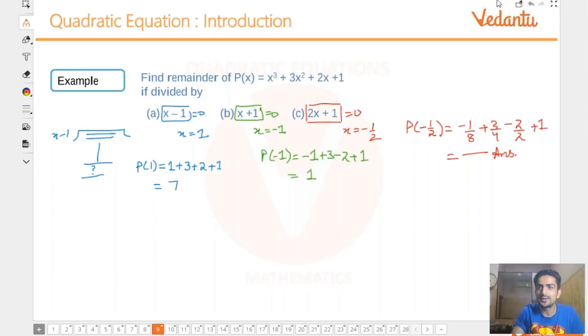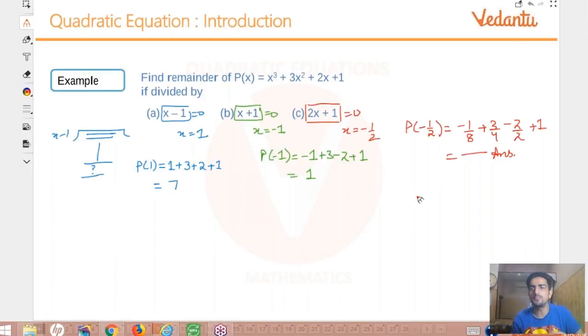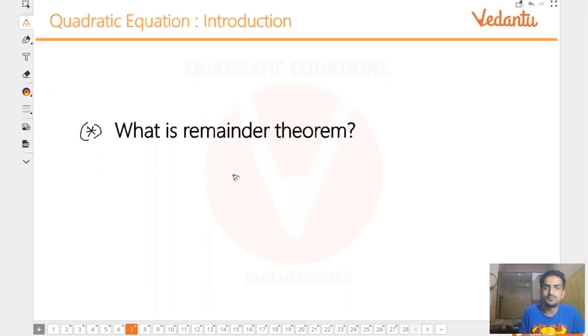Don't worry, guys. Now, before I give you the logic, or you may say the proof of the remainder theorem, just tell me, did you understand how I am finding the remainder? Before that, let me give you the logic behind this remainder theorem.